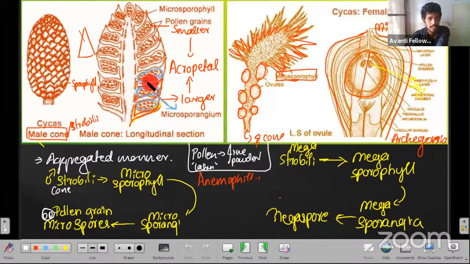Every leaf, that's why we call it microsporophyll, has the spore-containing structure we call sporangia, and that particularly contains the microspores. The same goes with the female. Female strobili have megasporophyll containing megasporangia, or ovule, which contains the megaspore.